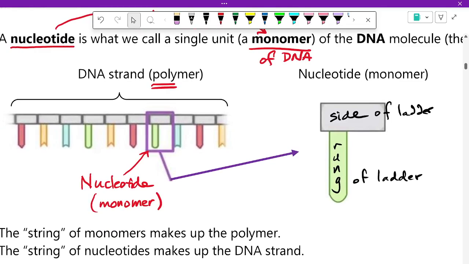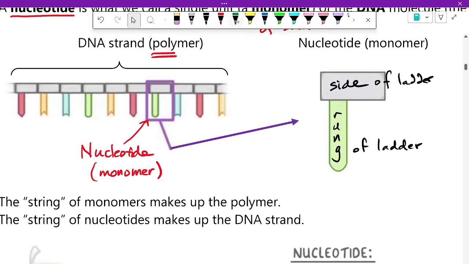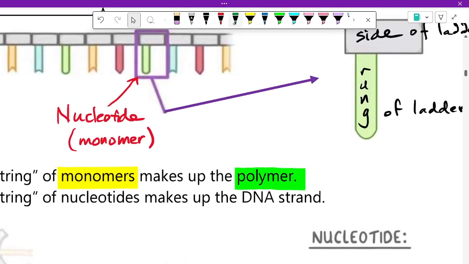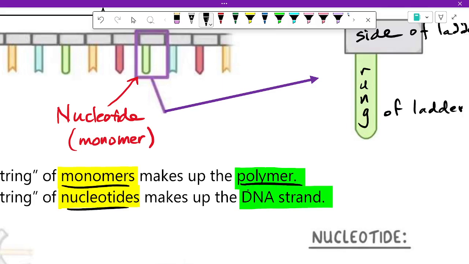So a string of monomers make up a polymer. In this specific example, the monomers are nucleotides and the polymer is the DNA strand. So if you were just underlining, you could do a 1 underline here and a 2 underline here.